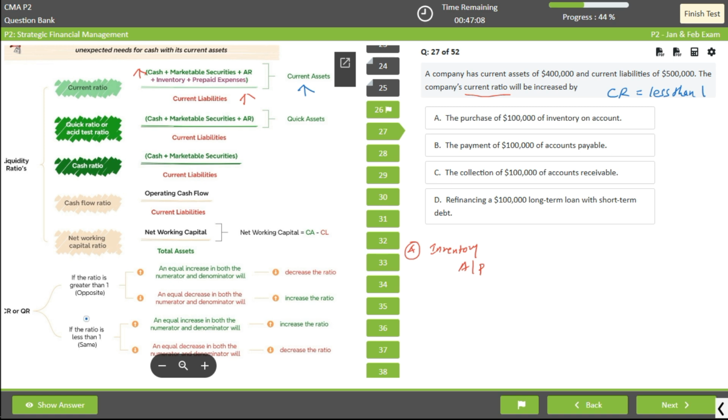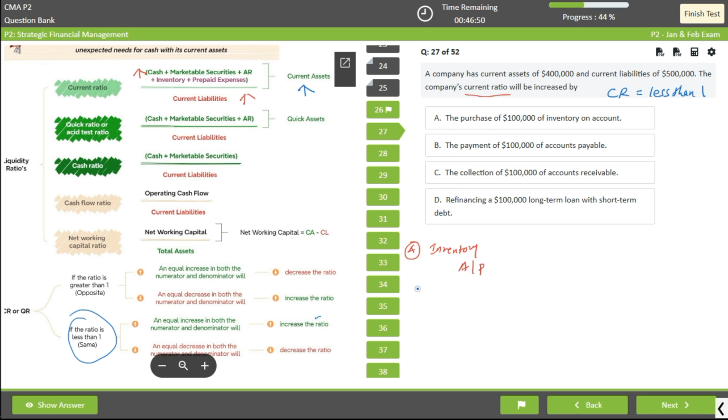If the ratio is less than 1, an equal increase in both the numerator and the denominator will increase the ratio. In the first case, the ratio is increasing.